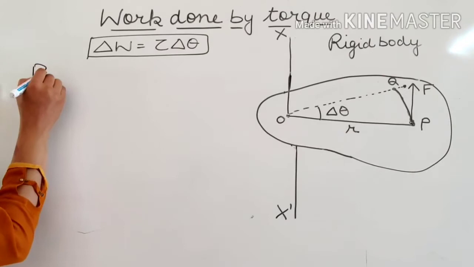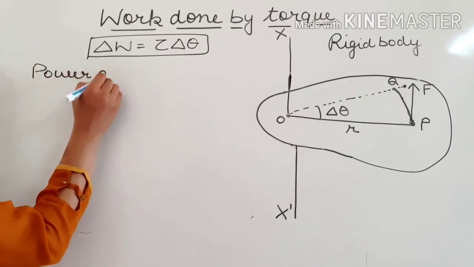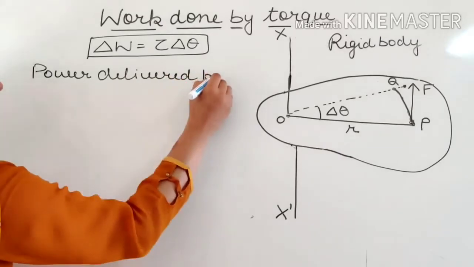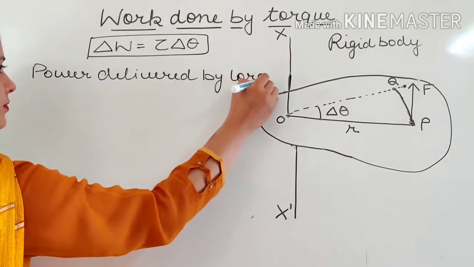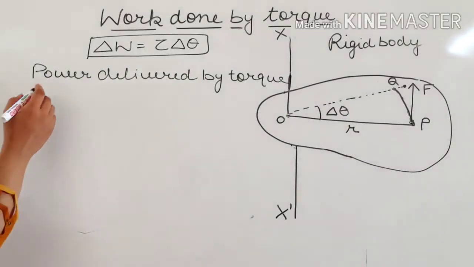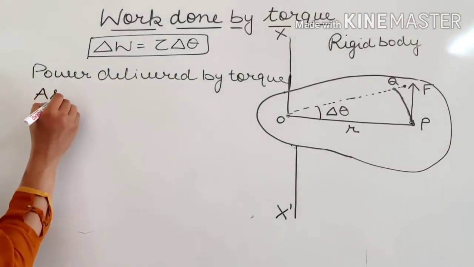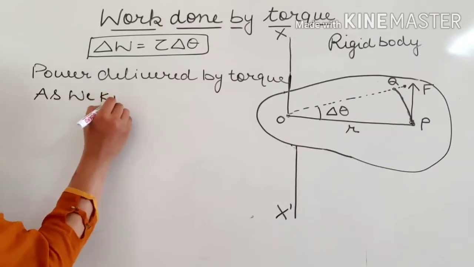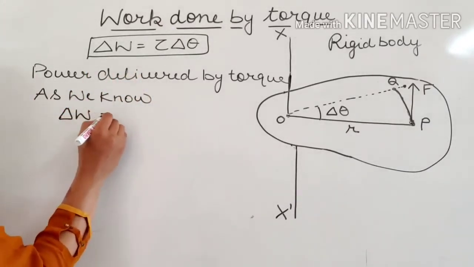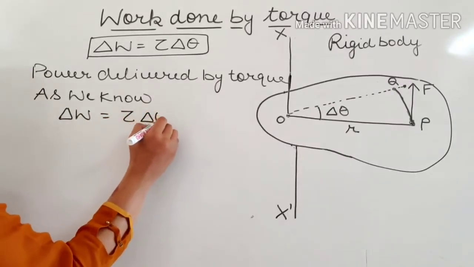Now power delivered by torque. As we know, work done is torque times delta theta.